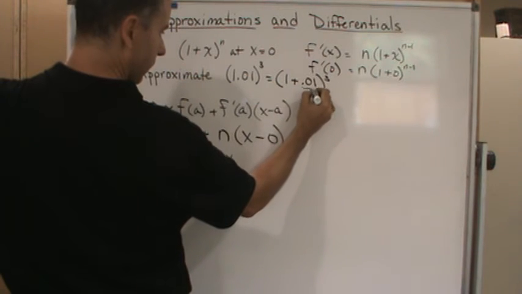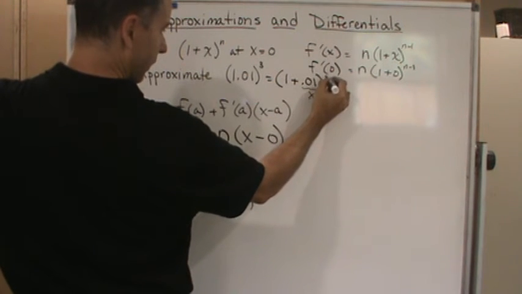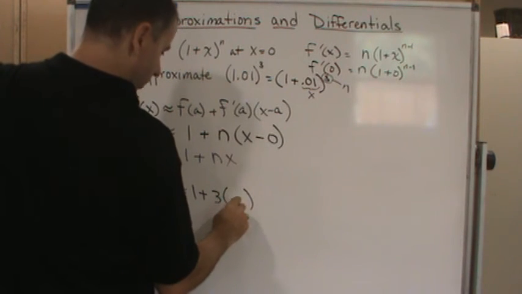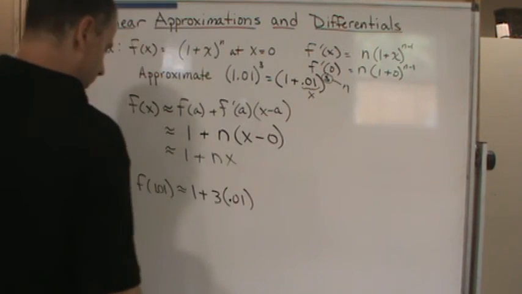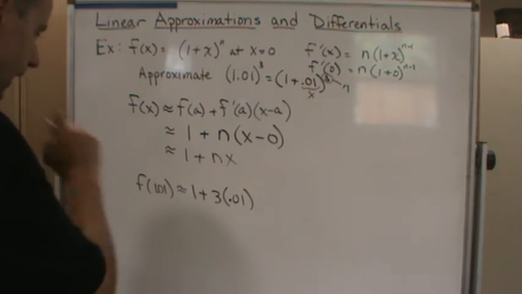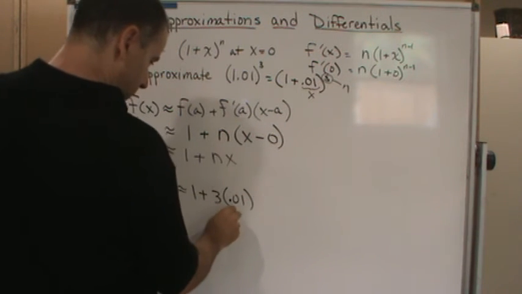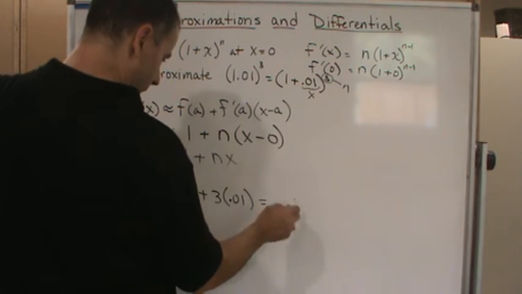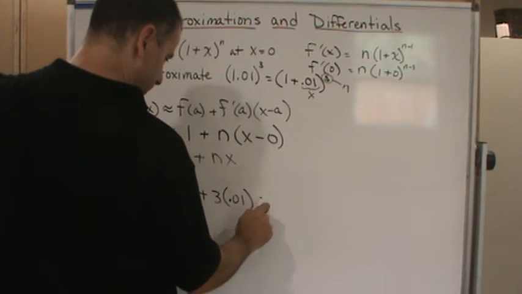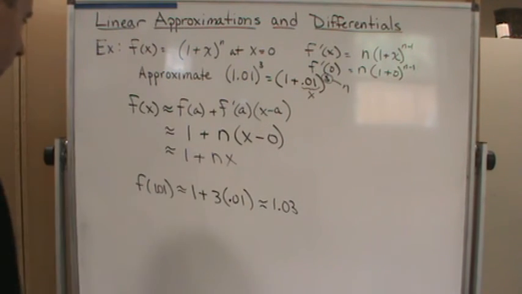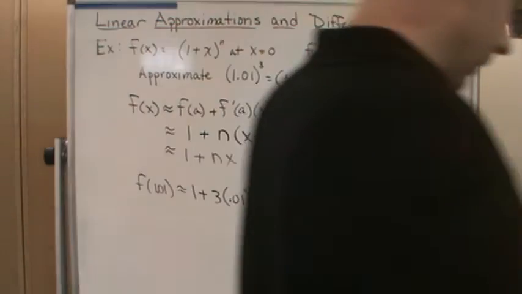So this here is your x. This is your n. So then 0.01 goes here. Okay, that's correct. Okay? And then this becomes 0.03 plus 1, so this is going to be approximately equal to 1.03.